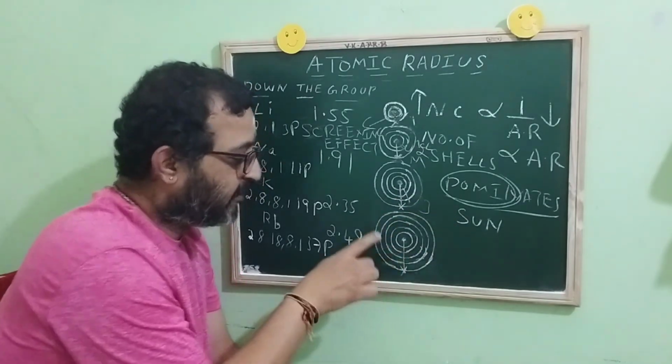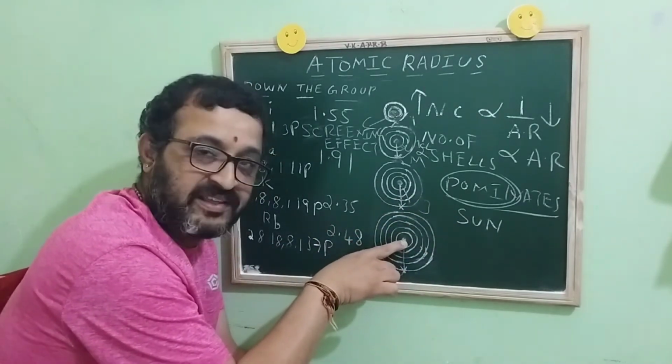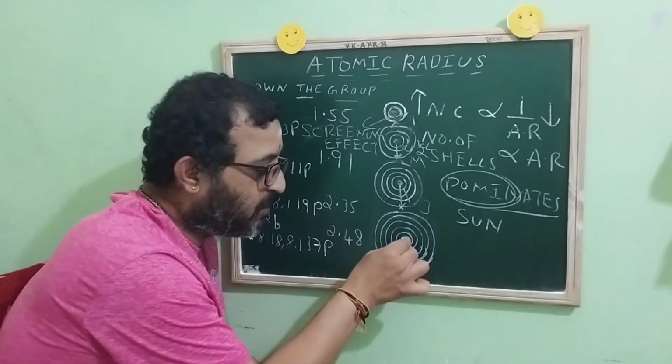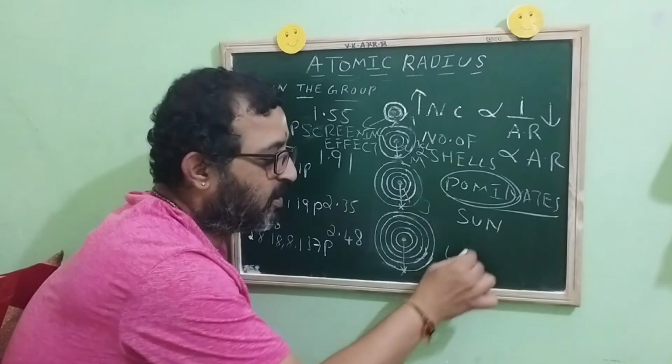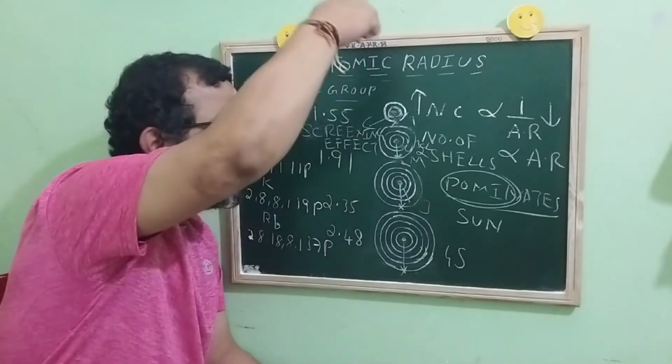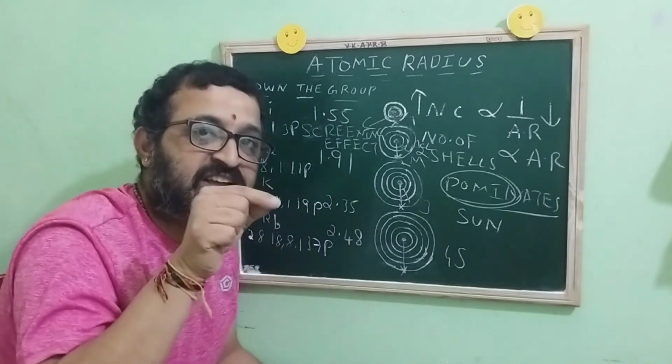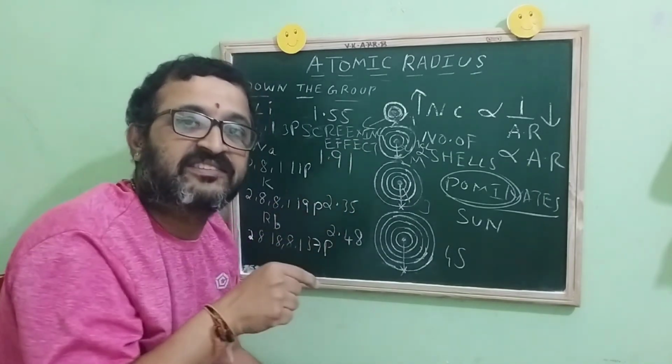Now you come to potassium, between nucleus and outermost shell containing electrons, how many screens are there? Three. In case of rubidium, we have how many screens? 1, 2, 3, 4, right? Between nucleus and outermost electron. Now common sense says that when you go down the group, the screening effect is continuously what, children? Increasing.